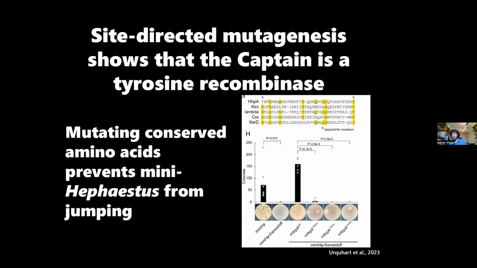But if it was just a frame shift, it should still be able to find that sequence. The only thing that we've broken is that protein. And so this really shows that it is that gene that is moving this cluster. And then, of course, he was also able to rescue that in trans as well. So yes, this is a TE. It moves by tyrosine recombinase, just like some of these other systems, including these bacterial systems.